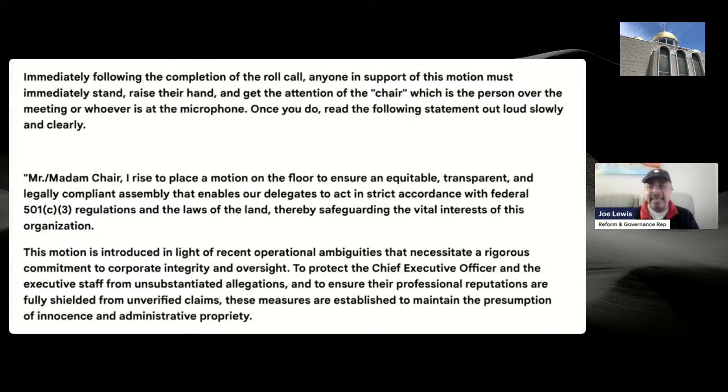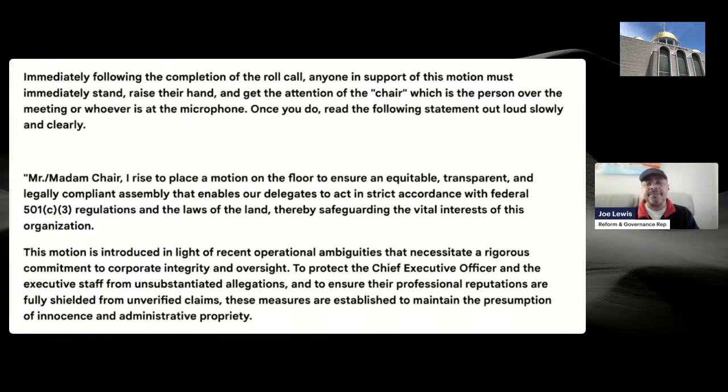And yes, you can prepare all of your motions in advance. In fact, it is advised that you do just that, so that when you are about to make your motion, you don't forget anything and you're able to state everything you would like to say.